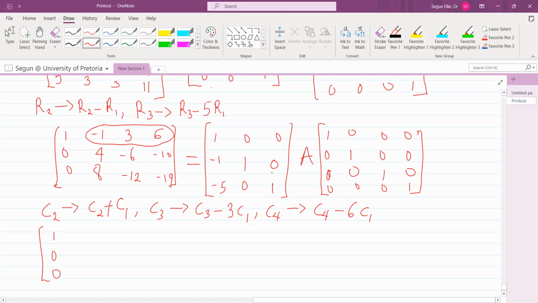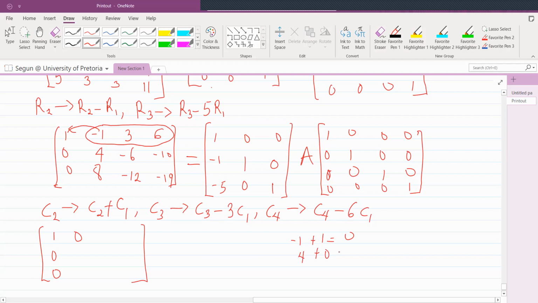For C2, the first one is minus 1 plus 1, because C2 plus C1 is what we are doing, which equals 0. Then 4 plus 0 is 4, then 8 plus 0 is 8. So the following ones will be 4, 8.